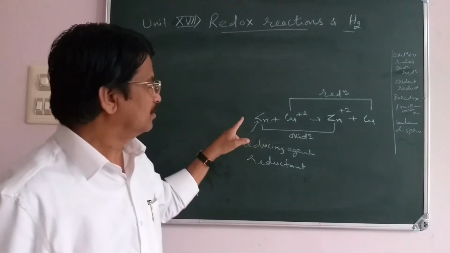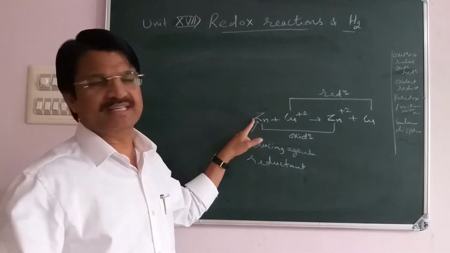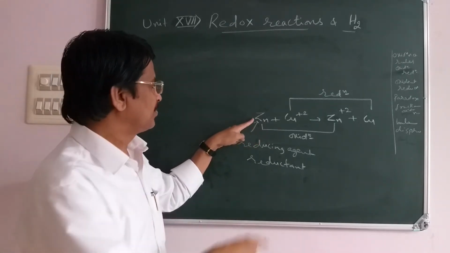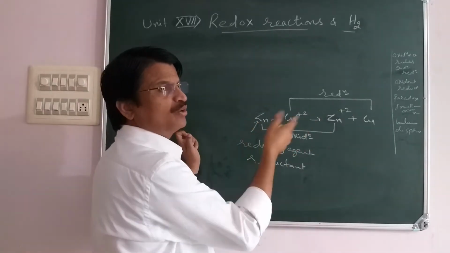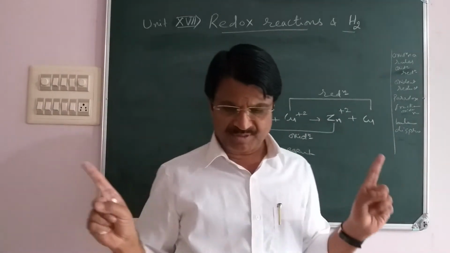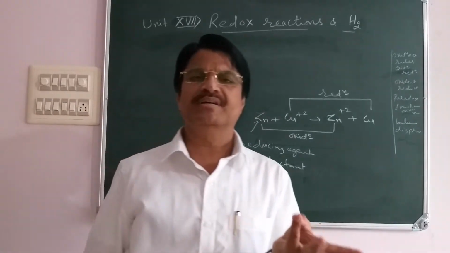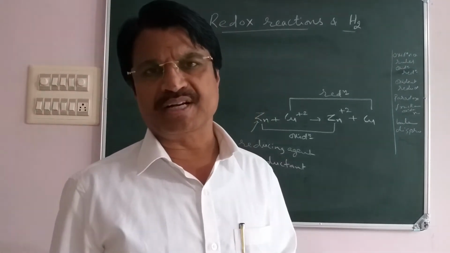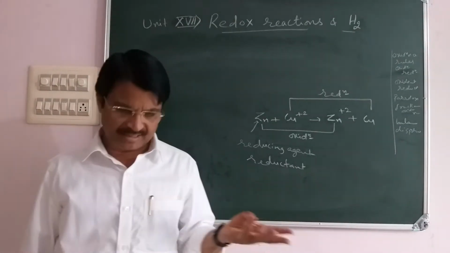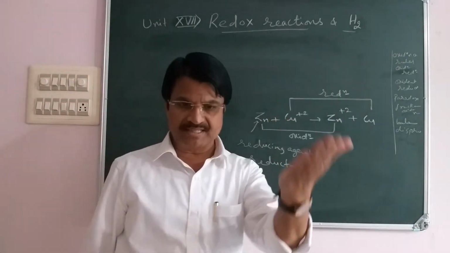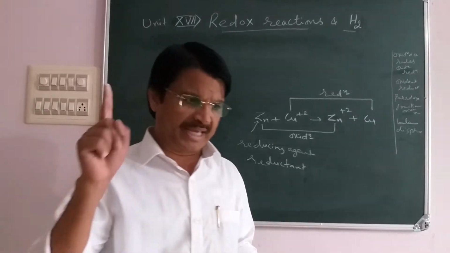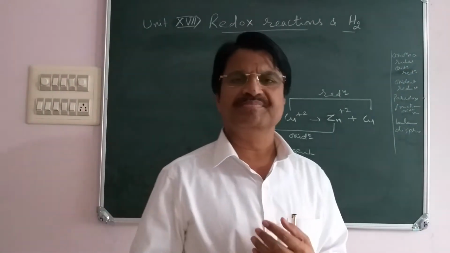Sorry, the one that donates electron is said to be reducing agent because it undergoes oxidation. So no confusion: a species undergoing oxidation is called reducing agent or reductant. A species undergoing reduction is called oxidizing agent. Example, KMnO4 into Mn plus 2.